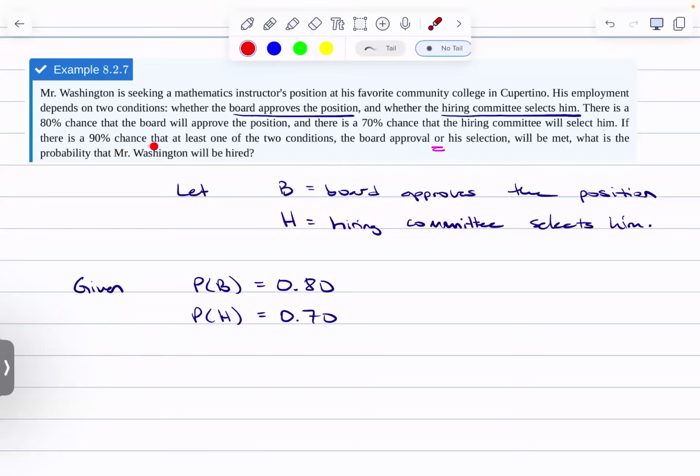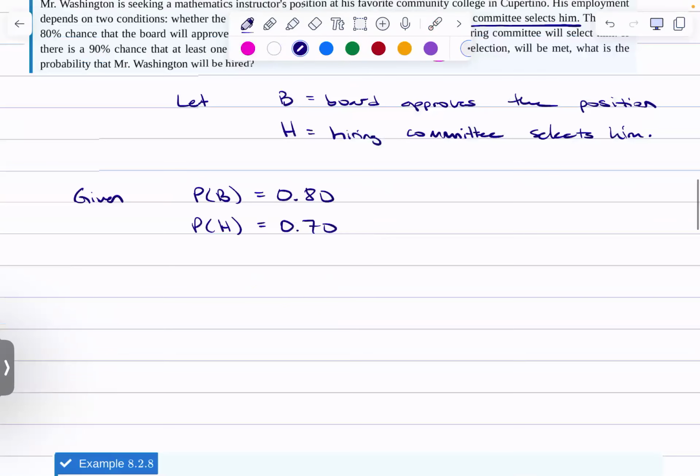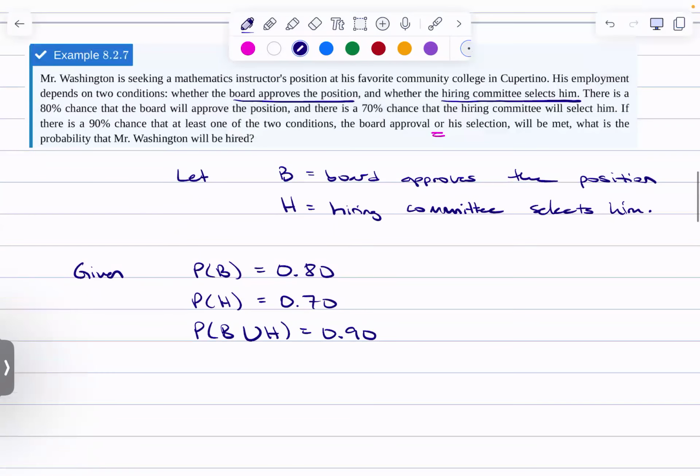If there's a 90% chance that at least one of the two conditions, so the board approval or his selection, that means that we're given the probability of B or H is 0.90. What's the probability that Mr. Washington will be hired?